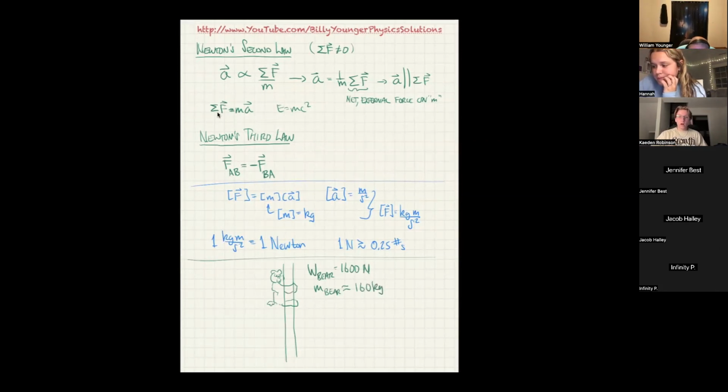And I will also tell you that the bear is holding on so tightly that he has a friction force of about 400 newtons holding him up in the tree. So what we'd like to know is what is the acceleration of the bear?